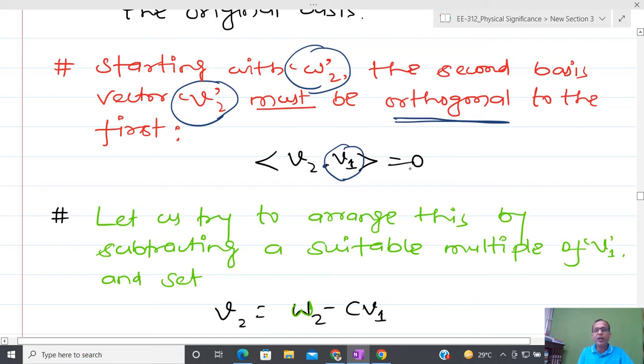Okay, so now I have to use the information of w2 in order to construct the v2. So first thing, that is obvious from the definition.